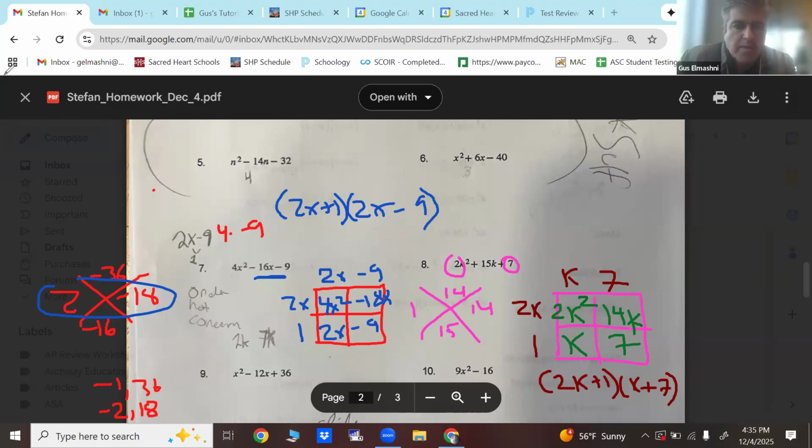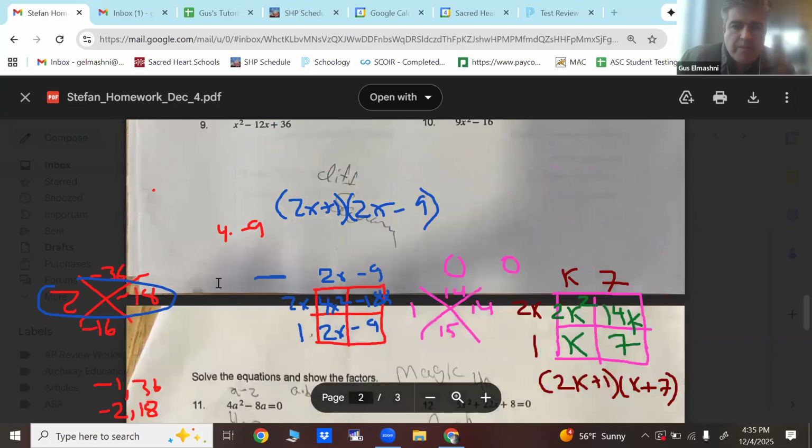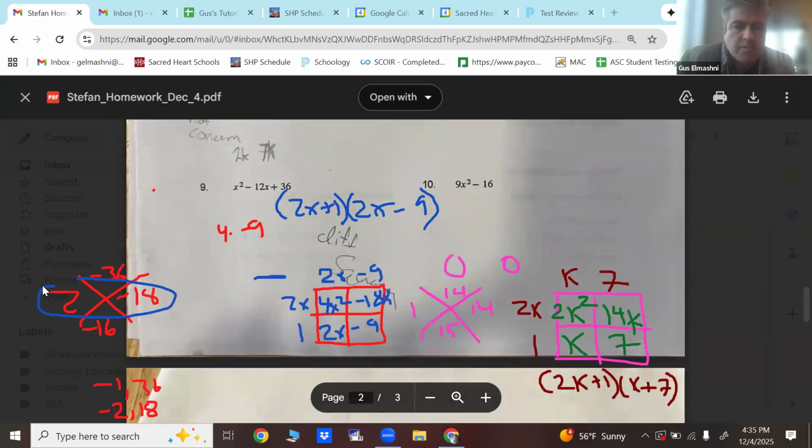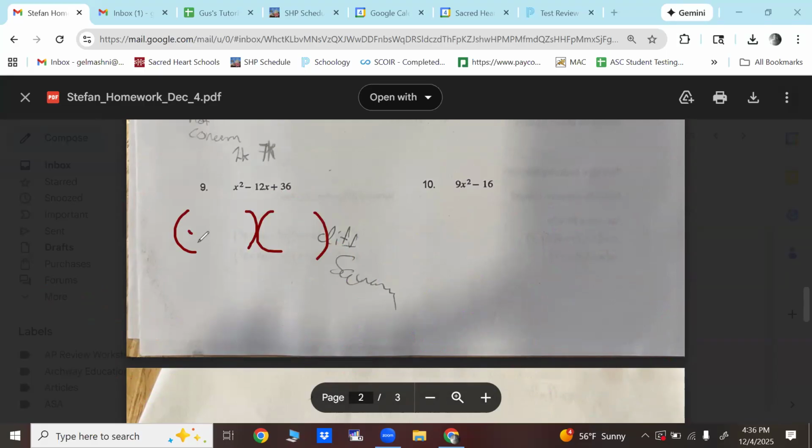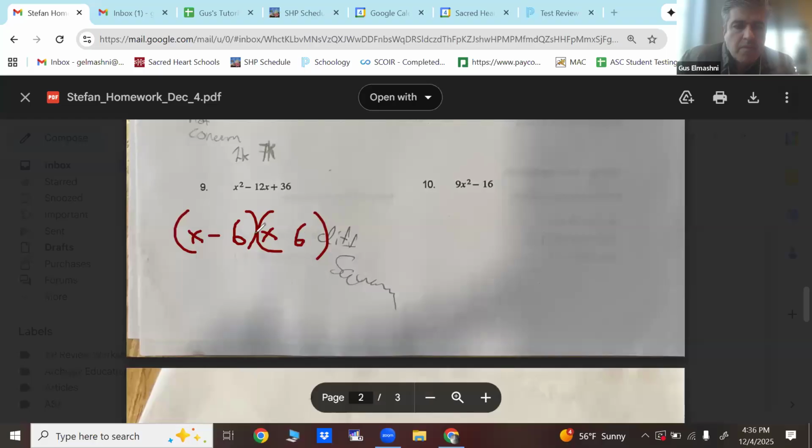Now let's look at some more here. 9, 10. Now this one is a perfect square because you have x squared and 36. X minus 6, x minus 6.